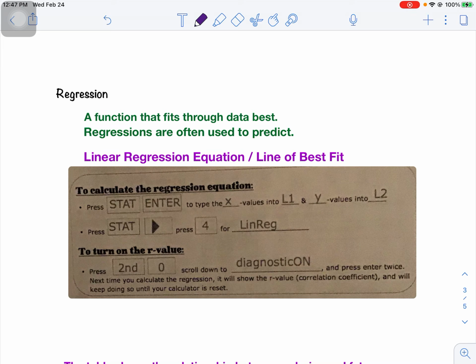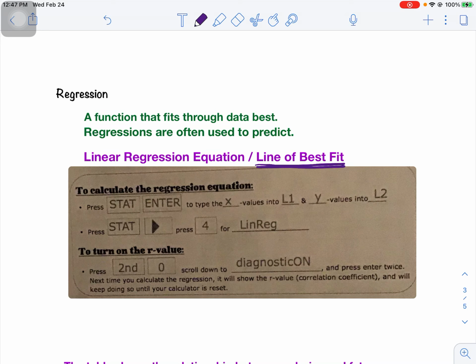So these are used a lot in all kinds of situations in the world to see what will happen in the future. We can call this the line of best fit. That's what's used a lot in language and mathematics, or linear regression equation. All we're doing is making a line that fits the data best. So when we were looking at those graphs earlier with all the little dots on them and that line drawn through them, we're going to make an equation for those lines.